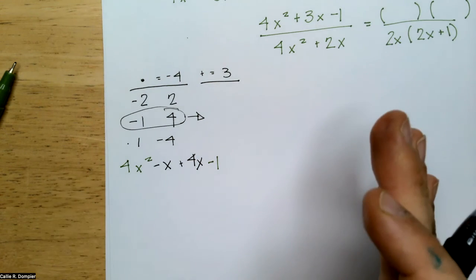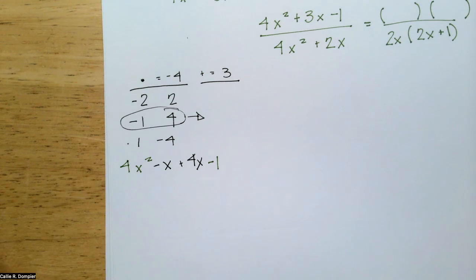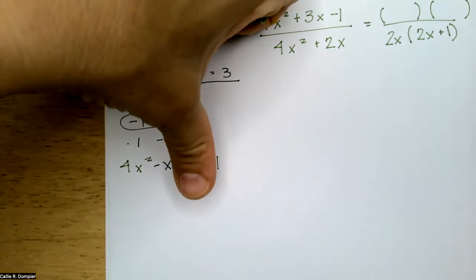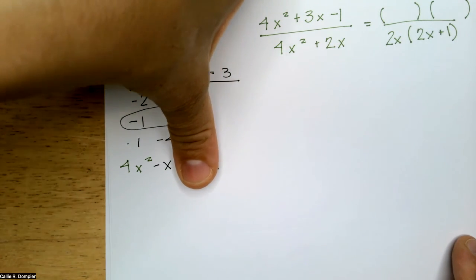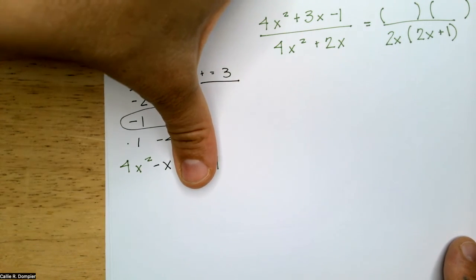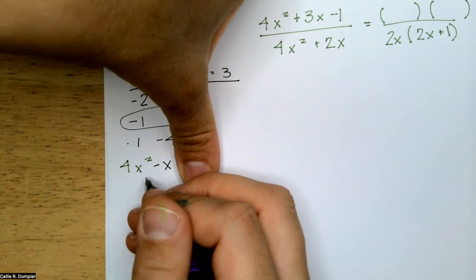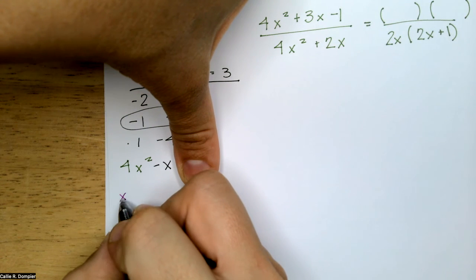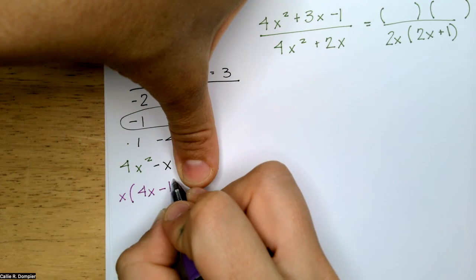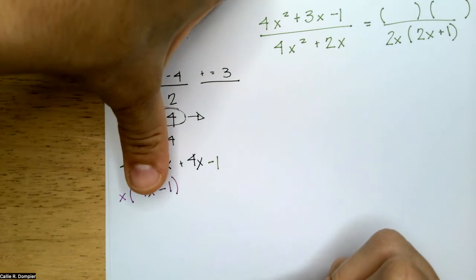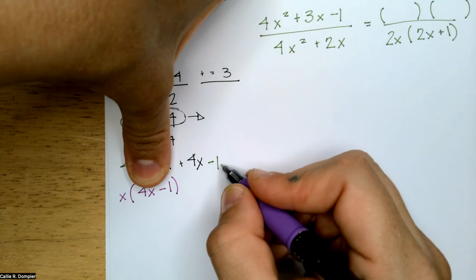It doesn't matter what order I put them in, I'll get the same answer. Now I'm going to factor by grouping. So here's my first group, 4x squared minus x. All right, it's very dark. 4x squared minus x, I can pull out an x, and I get 4x minus 1. Here, I have a positive 4x minus 1.